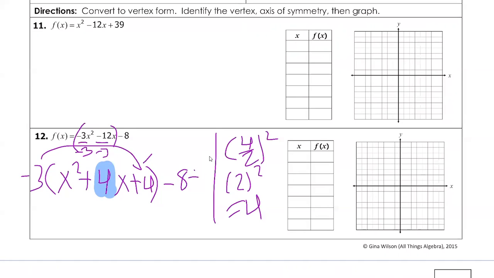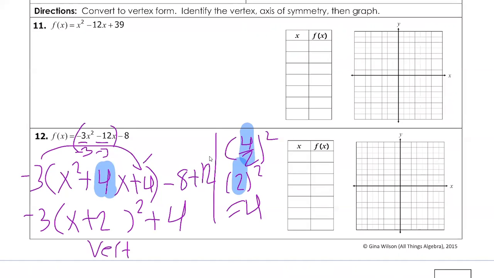So to undo that, I would add 12. So if I simplify this, remember, whatever you get after you do b over 2 is what you'll have inside here. And then negative 8 plus 12 would be 4. So my vertex would be negative 2, 4.